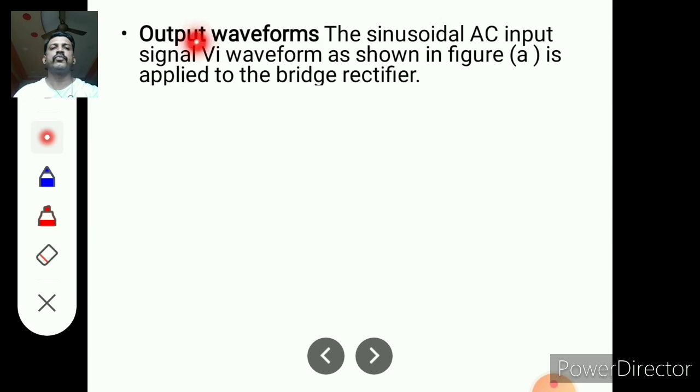Output waveform. The sinusoidal AC input signal Vi waveform, shown in figure A, is applied to the bridge rectifier.